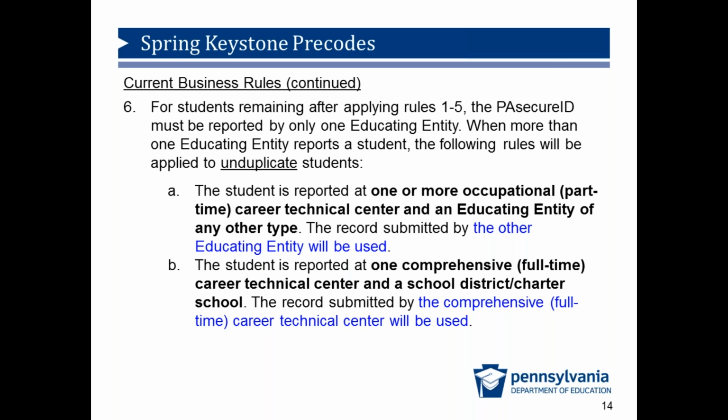We realized that both types of CTCs now teach full and part-time programs, so there is not a business rule that can be applied that accounts for occupational CTCs who want labels. Therefore, occupational and comprehensive CTCs, where Keystone-related courses are or are not taught, cannot use PIMS to get Precode labels based on Rule 6A and 6B.